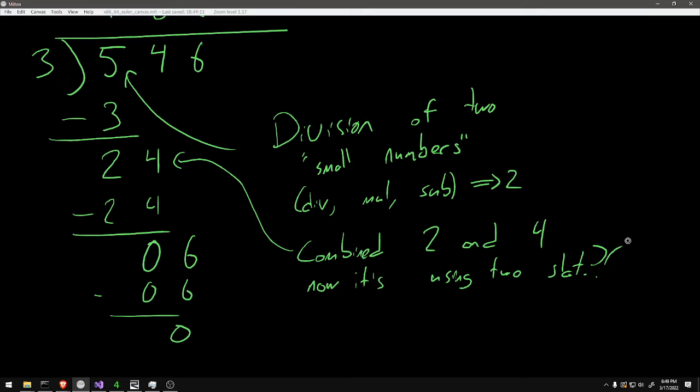Like I can't solve 24 divided by 3 if I only know how to do division by single digits, and the long division method doesn't really tell you what to do in that case.